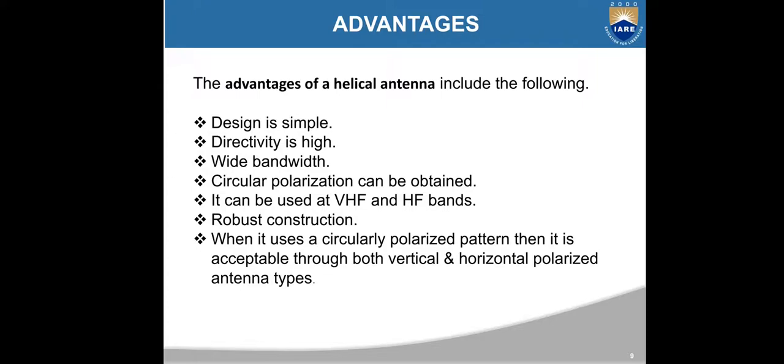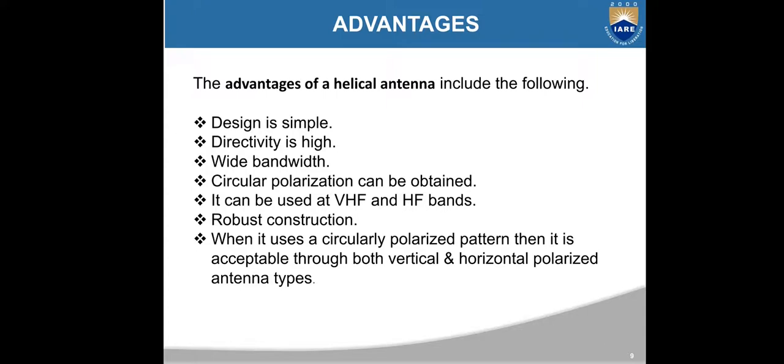It can be used in the VHF and HF bands, very high frequency and high frequency bands. This is used mainly for high ranges of frequencies like the very high and high bands.